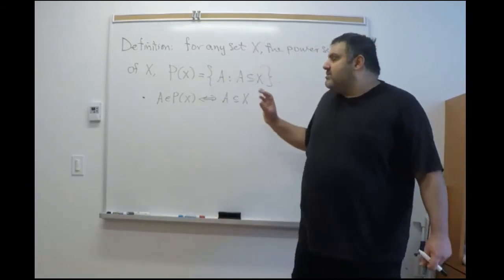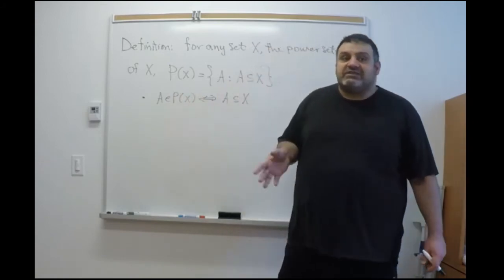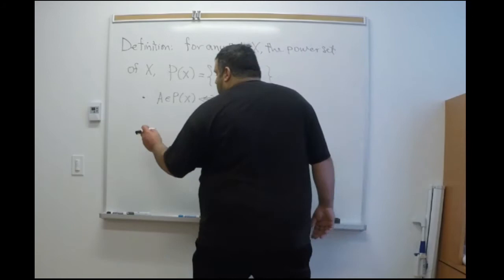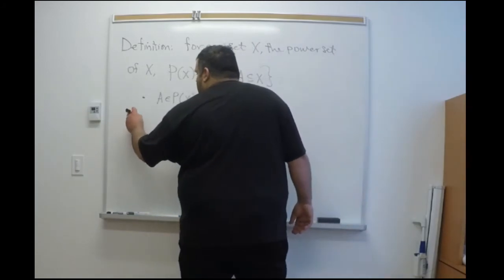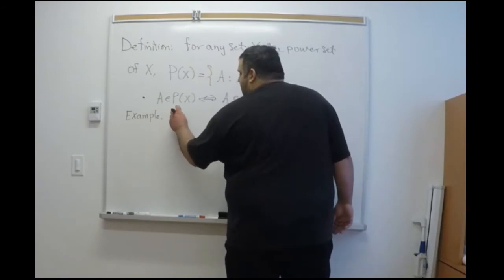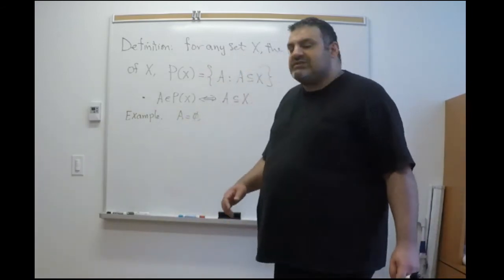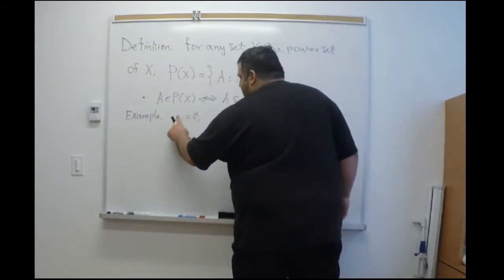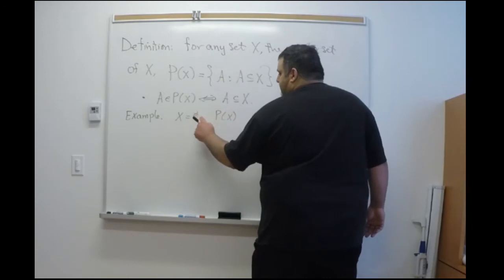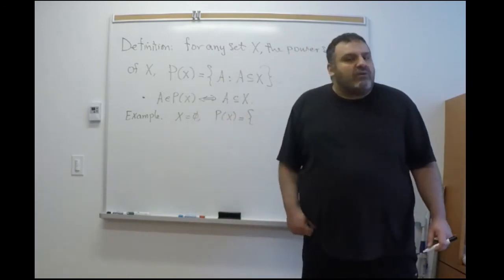So there's a very nice relationship between elements of the power set and subsets of X. They coincide with each other. As an example, if X is the empty set, think about what the power set of X would be.